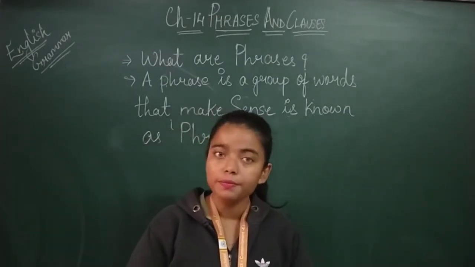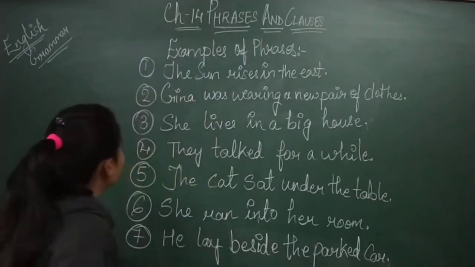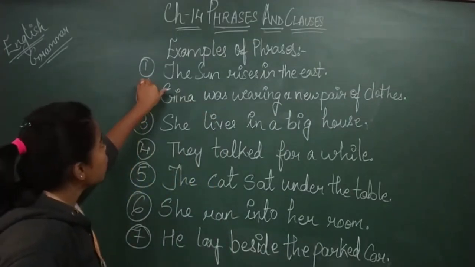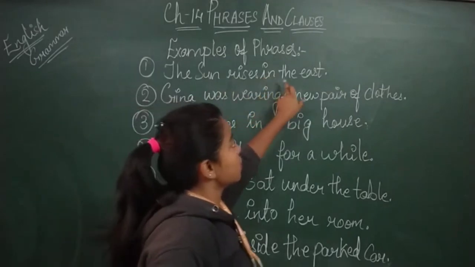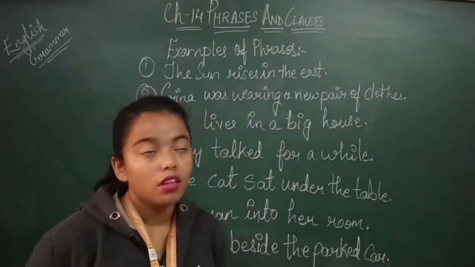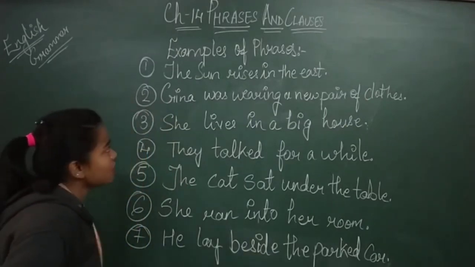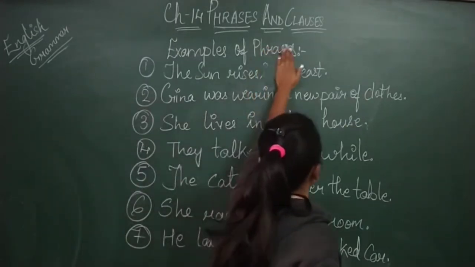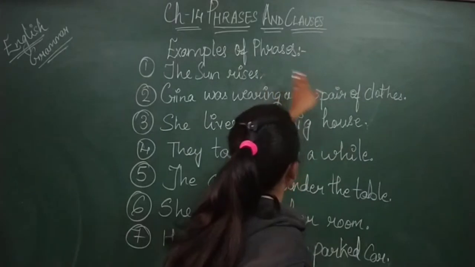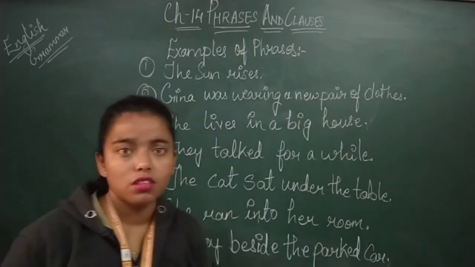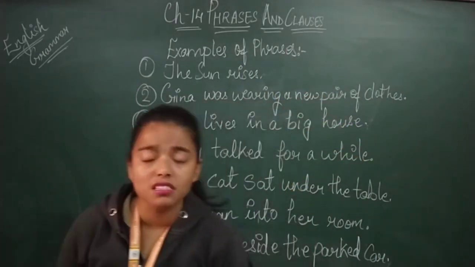So let's see phrases. First example: the sun rises in the east. If I rub it out, now I will say the sun rises. Is it making a complete sense of the sentence?